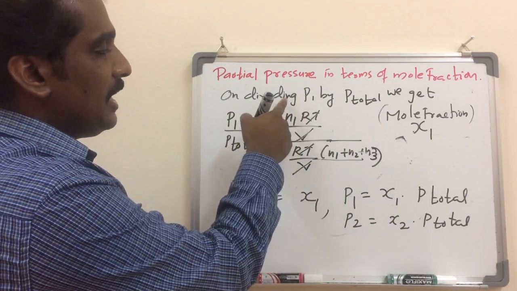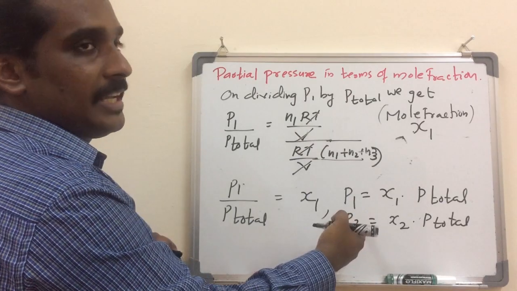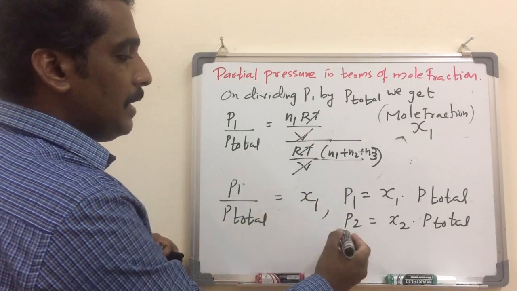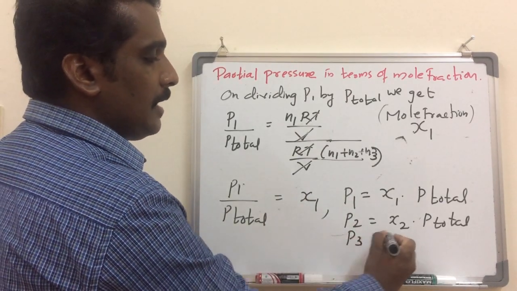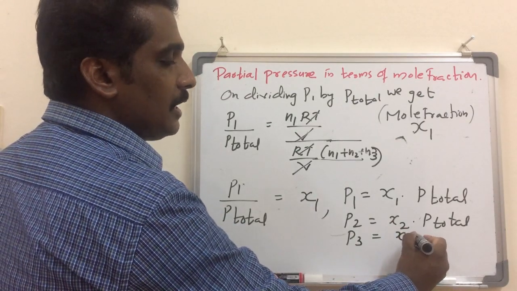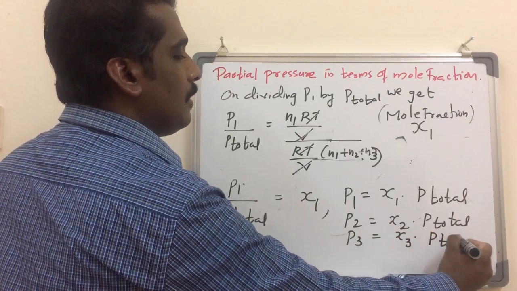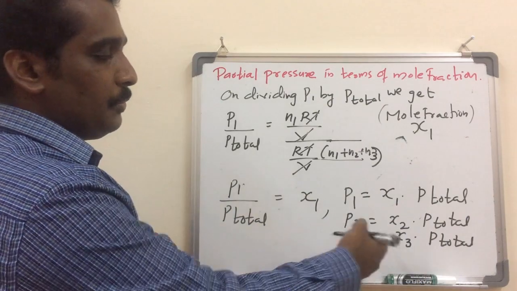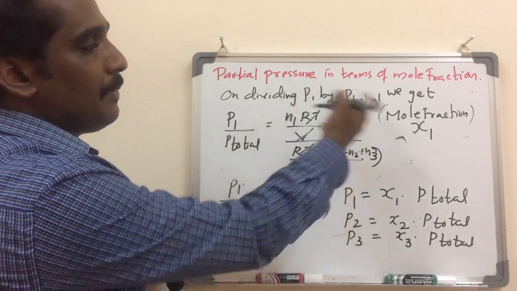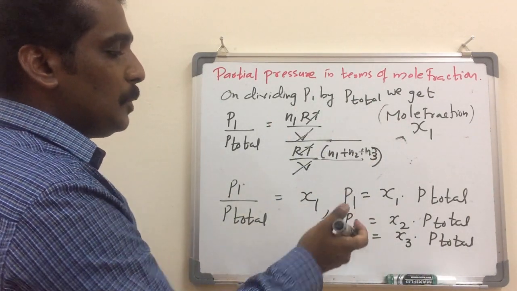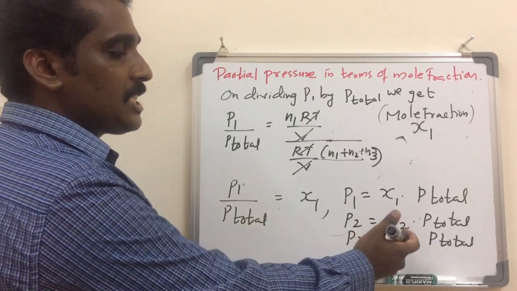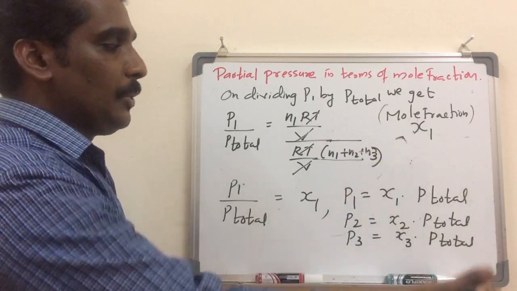Divide P2 by P total, then we get this. P3 we can write as X3, the mole fraction of the third component, into P total. So for getting this, divide P3 by P total. So P1, P2, P3, and for P4, X4 into P total, for P5, X5 into P total.